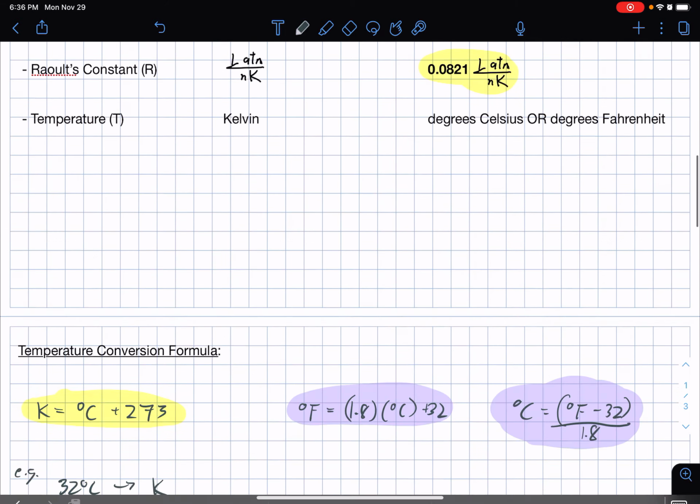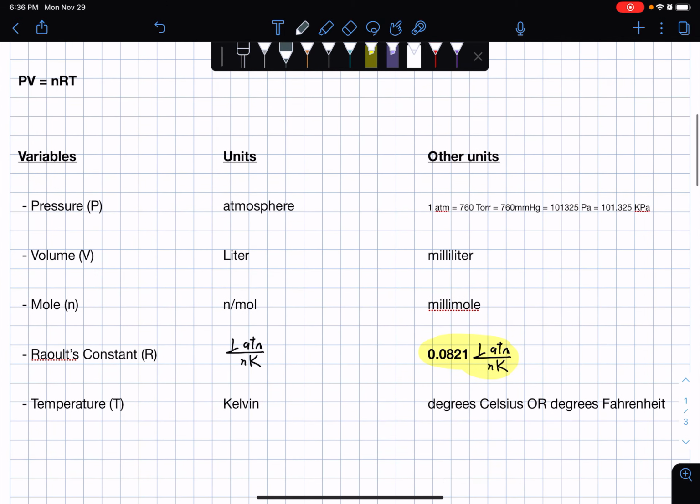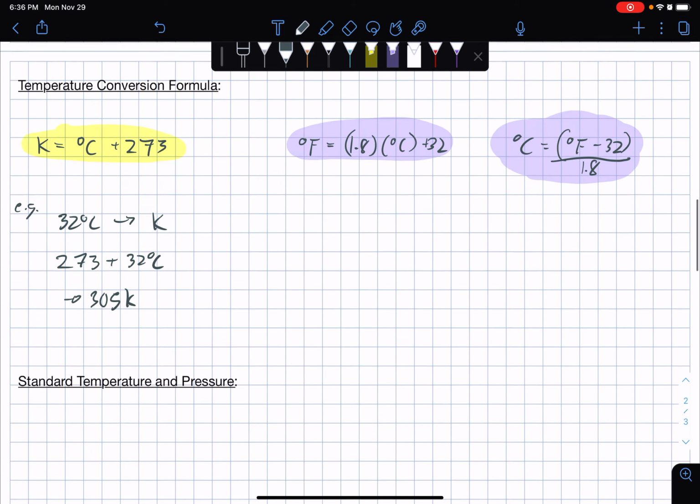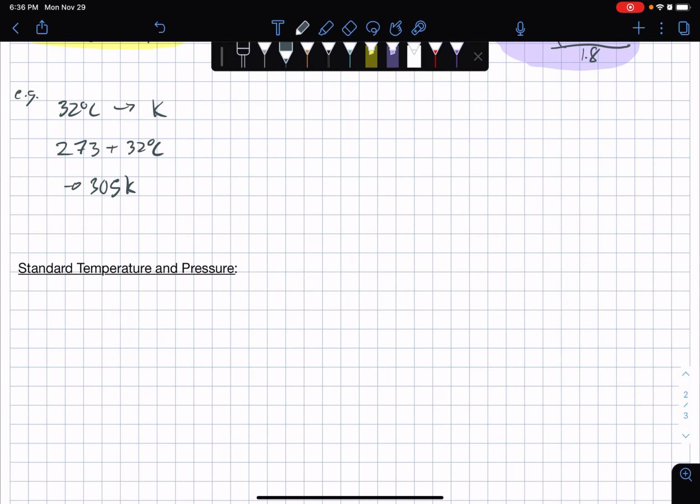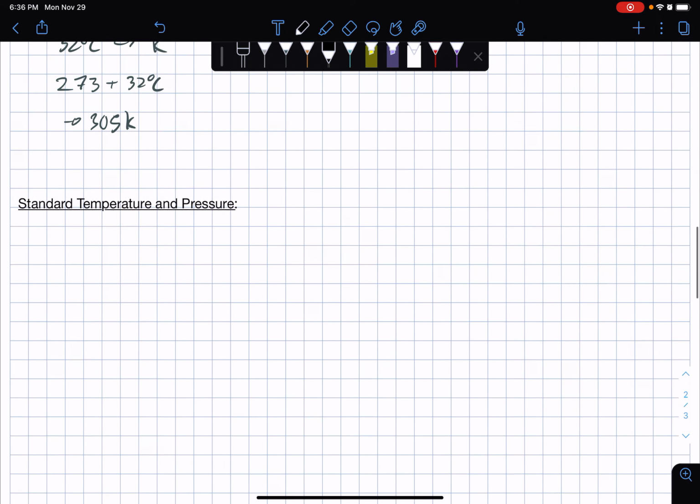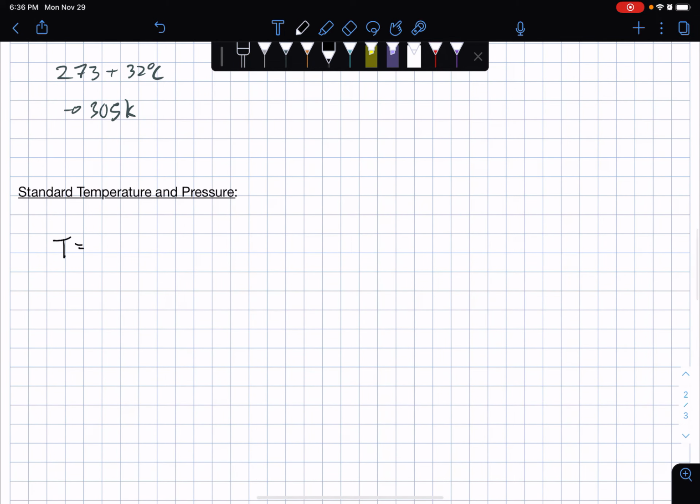So standard temperature and pressure, I mean P and T. As for temperature, in Kelvin, our standard is 273 Kelvin. In Celsius, we have 0 degrees Celsius. And in Fahrenheit, we have 32 degrees Fahrenheit. This is another valuable lesson to learn.